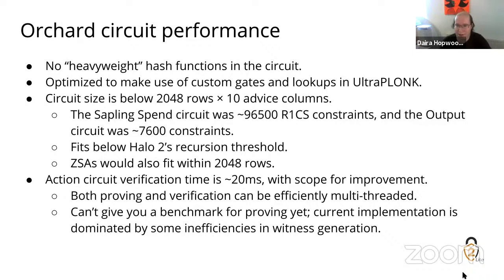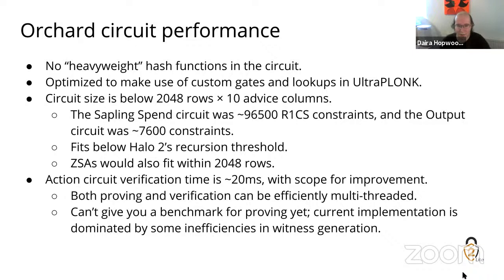The total circuit size of Orchard is, well, it's less than 2048, which is 2 to the 11 rows and 10 columns. So comparing performance between a Plonk circuit and an R1CS circuit is actually quite difficult. They're not really comparable, but this is very good.